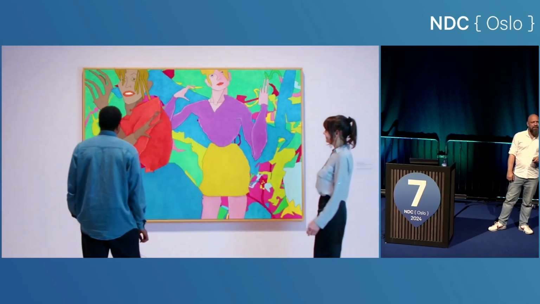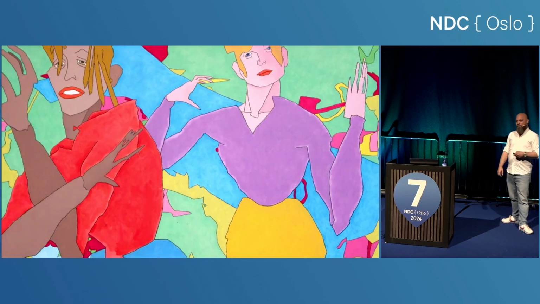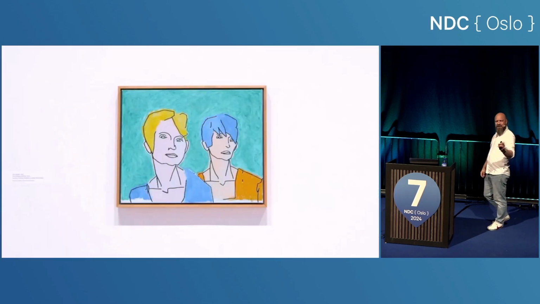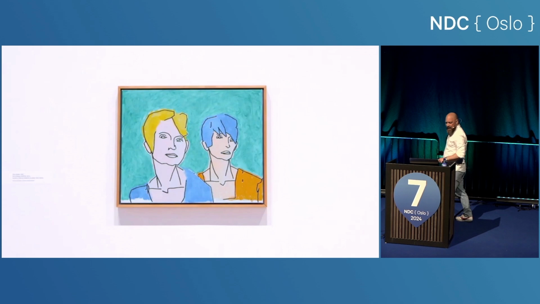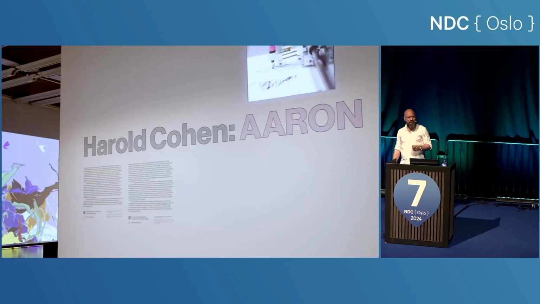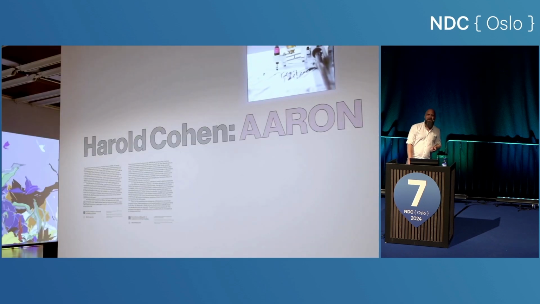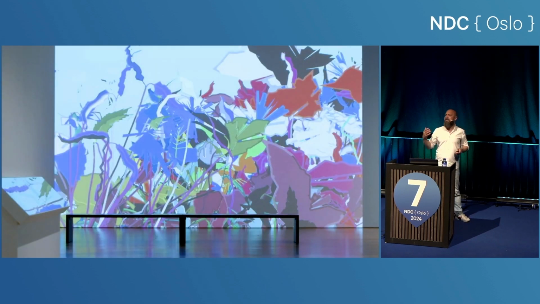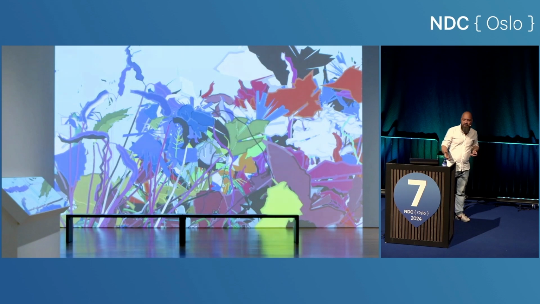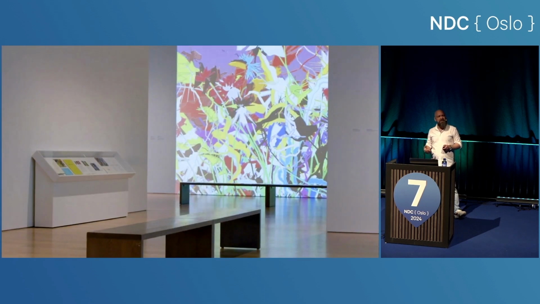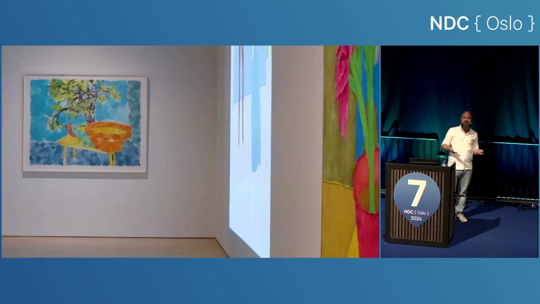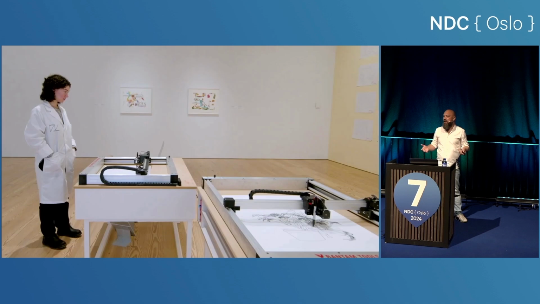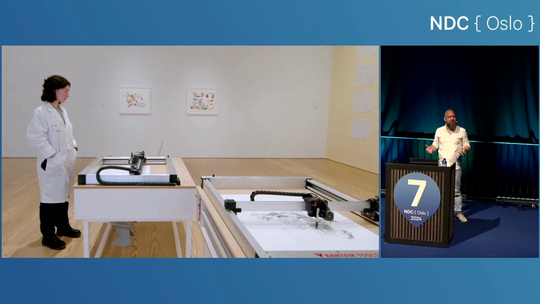This is obviously a bit more contemporary, but not as contemporary as you might think. These are works by Harold Cohen, and it's from his lifelong project called Aaron. Now, Harold Cohen was a classically trained painter who had been part of the 1966 Venice Biennale, representing Great Britain there, as a painter.